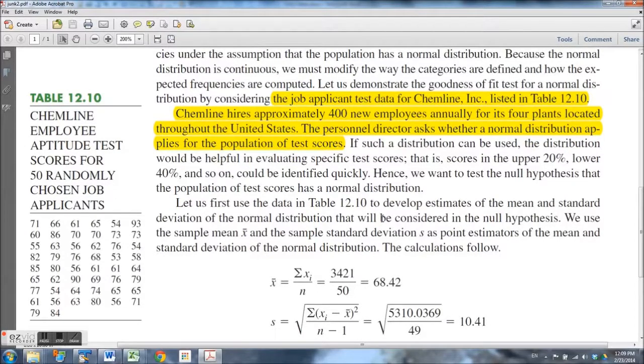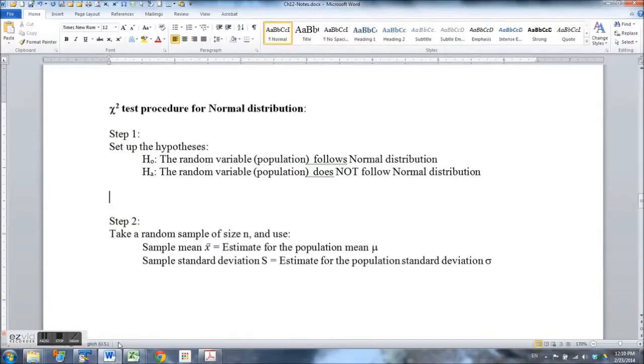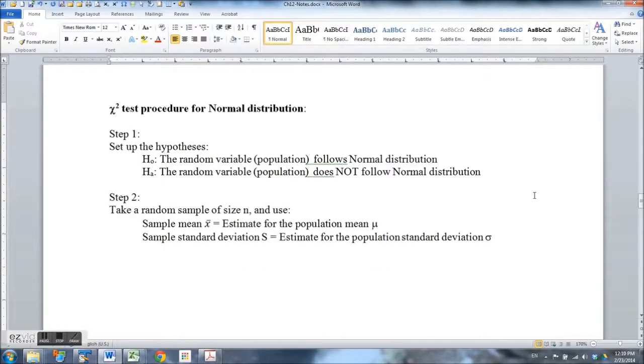He takes a random sample of 50 job applicants, and the aptitude scores for those 50 applicants are given here as raw data. So our hypothesis is that the aptitude test score follows normal distribution versus does not follow normal distribution. That's step 2.